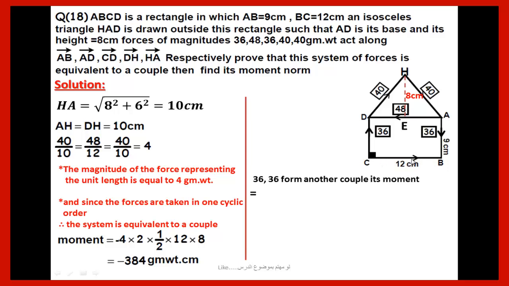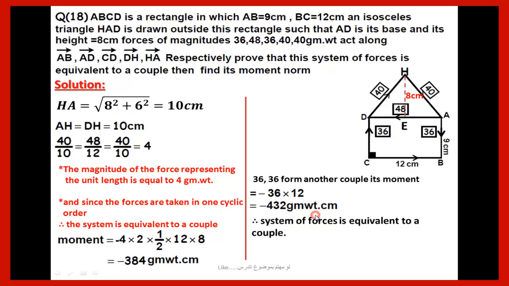What is the sign of this moment? The sign will be negative, because the rotation direction of the moment is clockwise. So we write negative 36 multiply 12, which equals negative 432 gram weight centimeters.